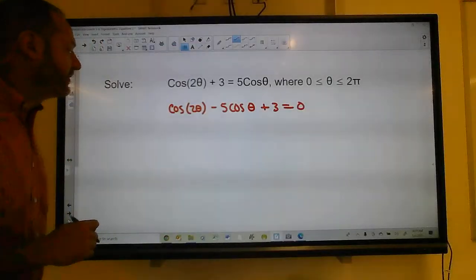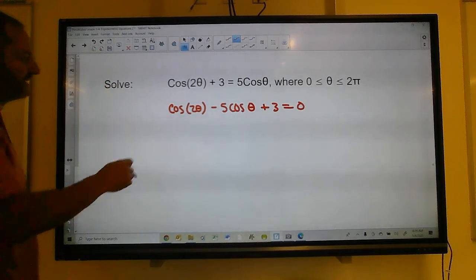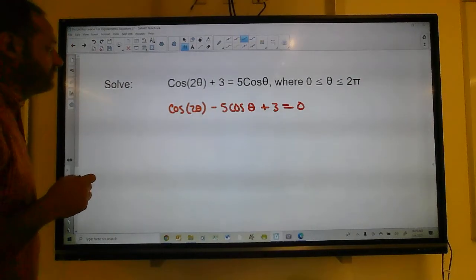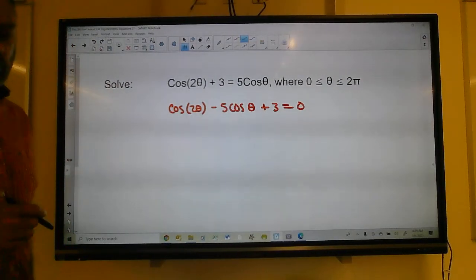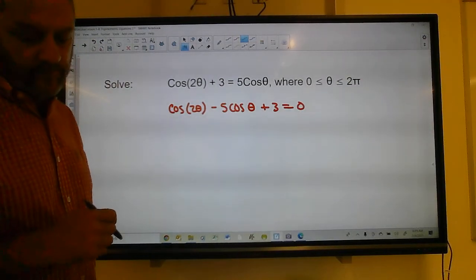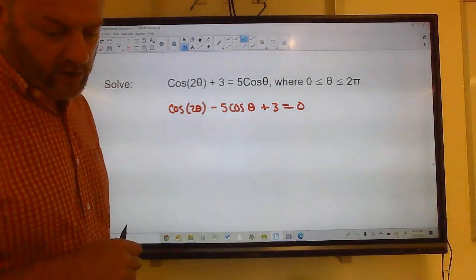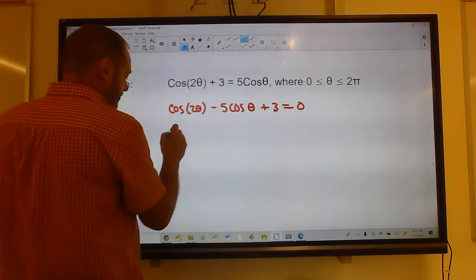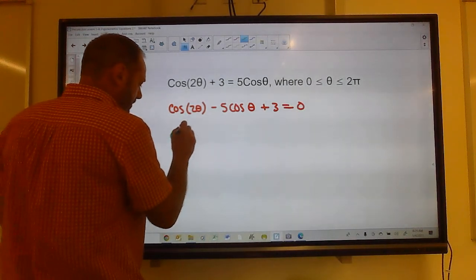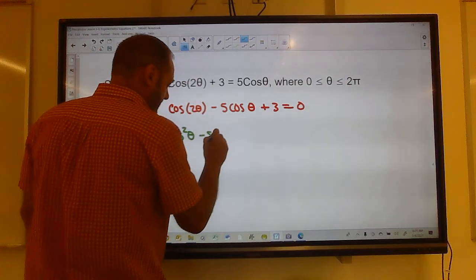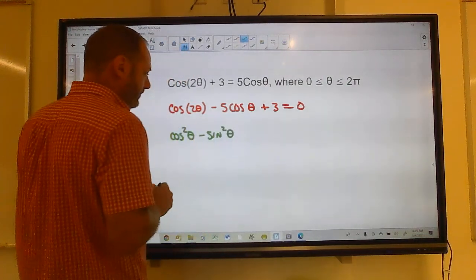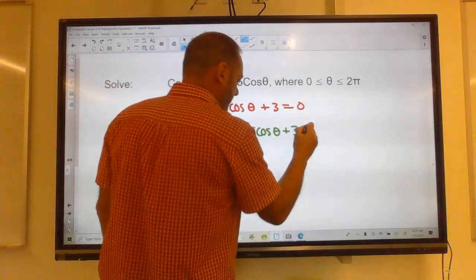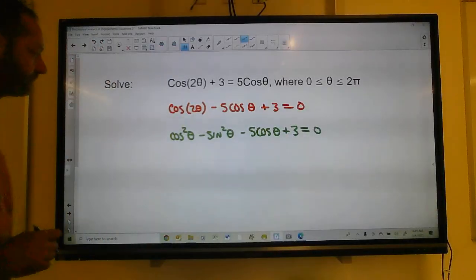Okay, so I got everything on one side. Now I need to deal with this. So remember that cosine 2 theta is cosine squared minus sine squared. Okay, that's from our double angle formulas. So this is going to be changed to cosine squared theta minus sine squared theta minus 5 cosine theta plus 3 is 0.